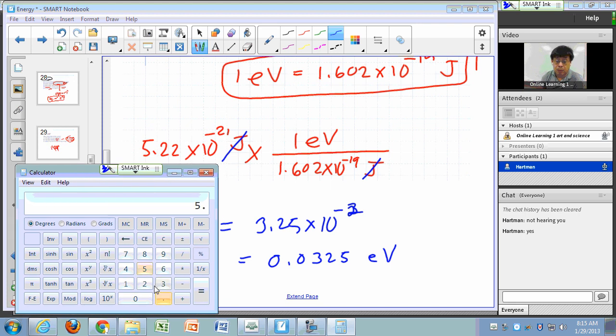So it's 5.22 times 10 to the negative 21 divided by 1.602 times 10 to the negative 19.